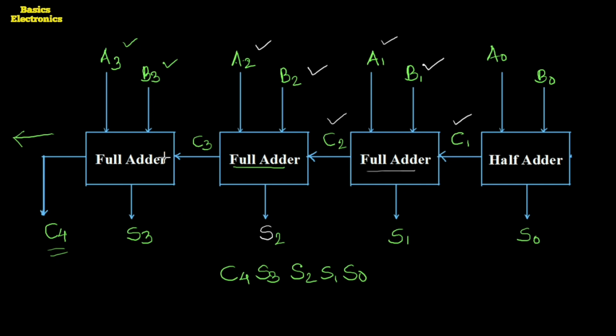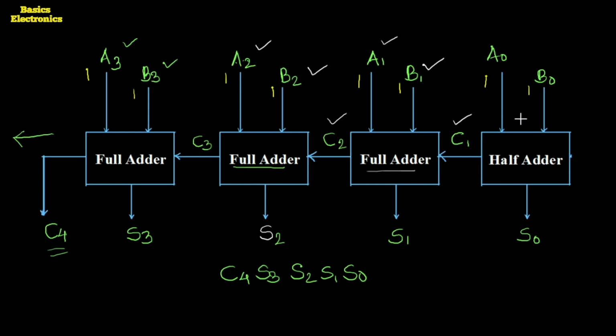Now for an example, suppose we are using the binary adder and the inputs to the binary adder are: A3 is 1, B3 is 1, A2 is 1, B2 is 1, A1 is 1, B1 is 1, A0 is 1 and B0 is also 1. Then we see the result.